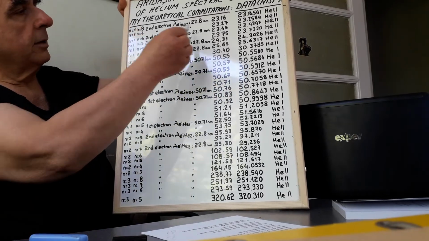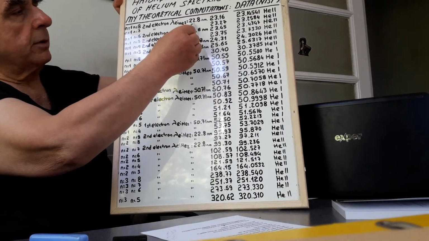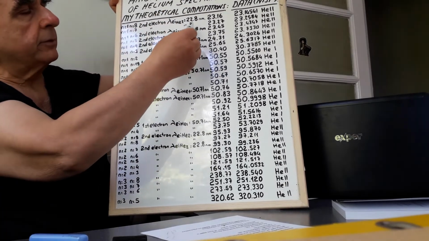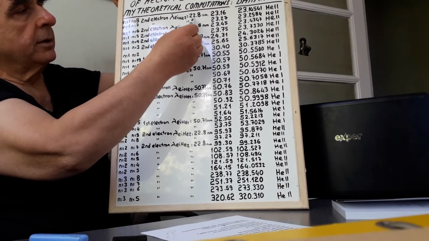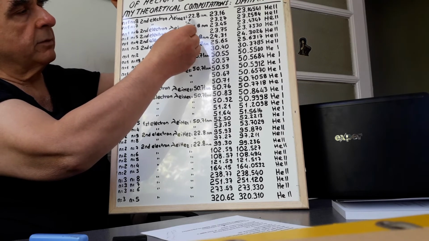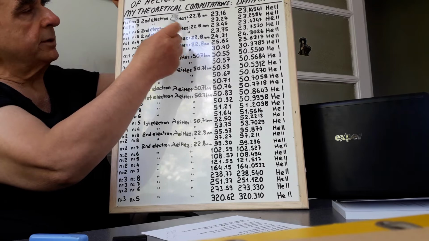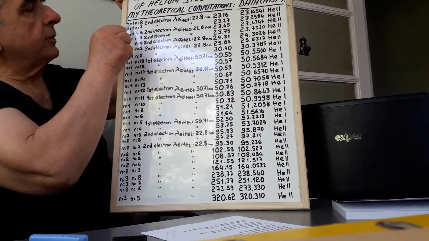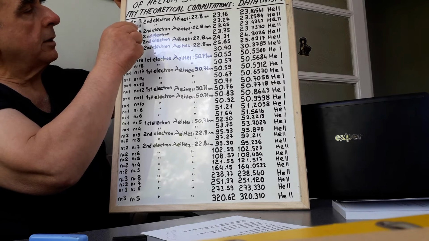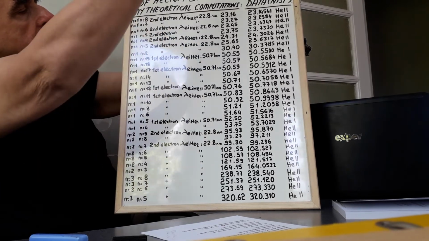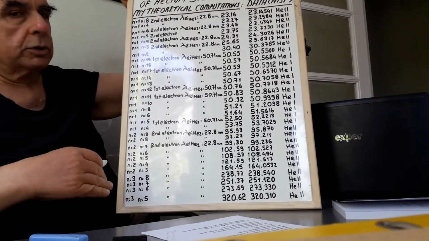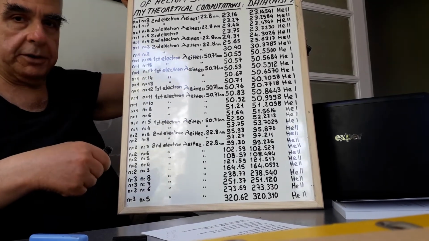Here. For smaller, in fact, in helium atom for smallest electron motion form, 22.8 nanometer, and from one end from n equal to 8 to n equal 1, shrinking.